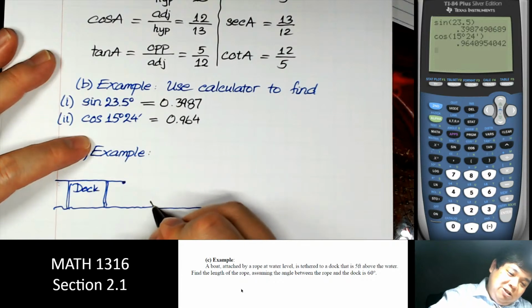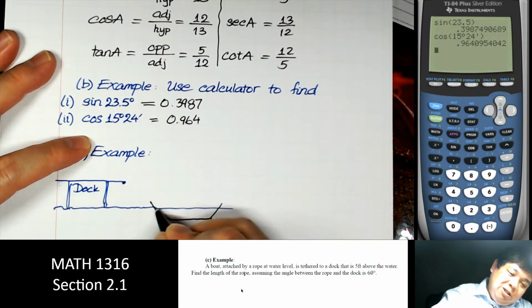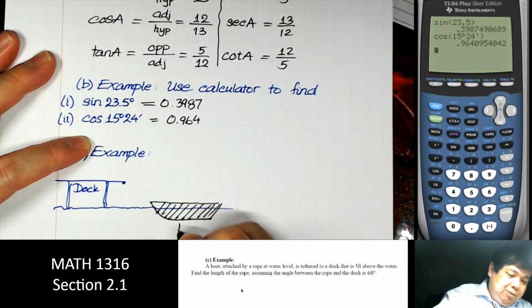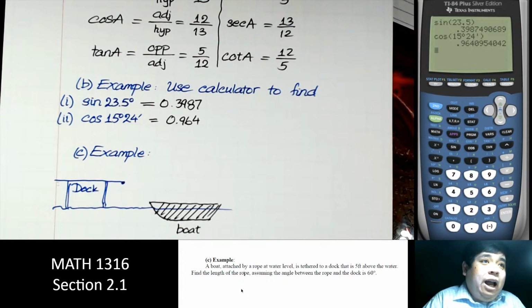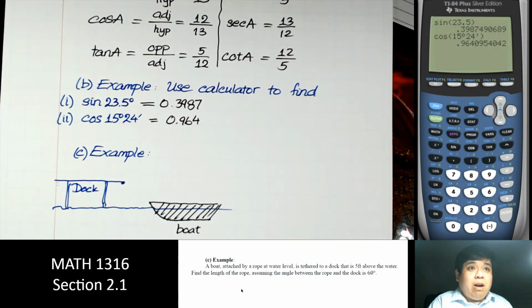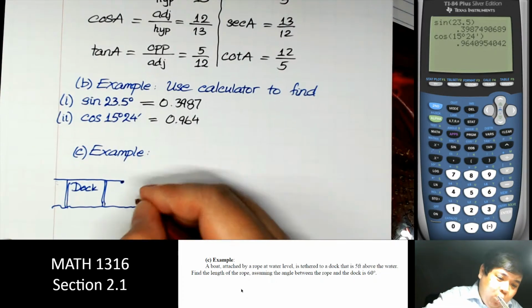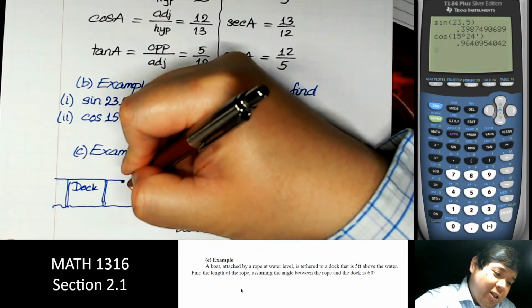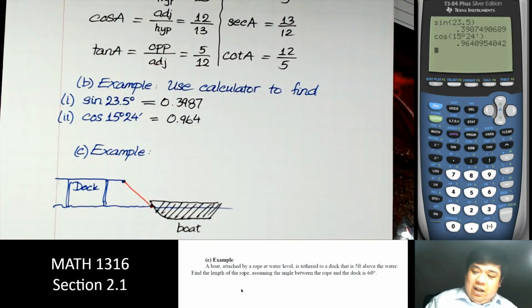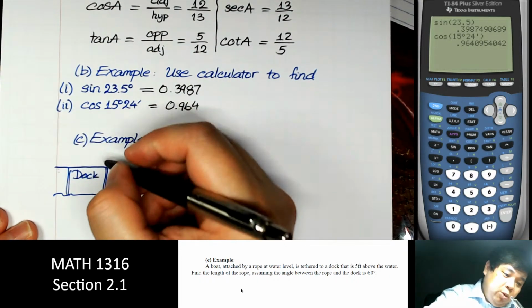The rope is tethered to the boat at the water level right there, and tethered to a dock, and the distance is 5 feet above the water.